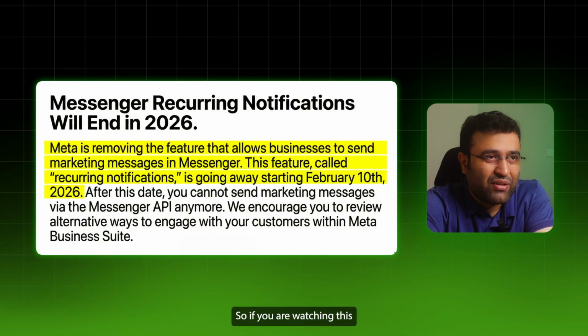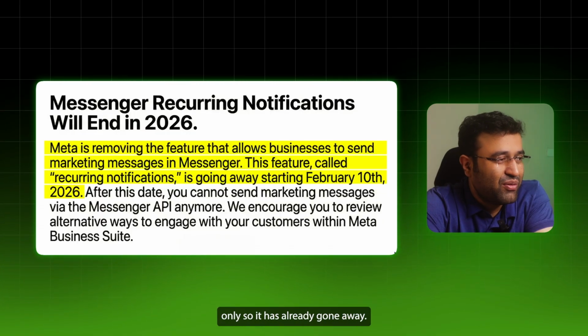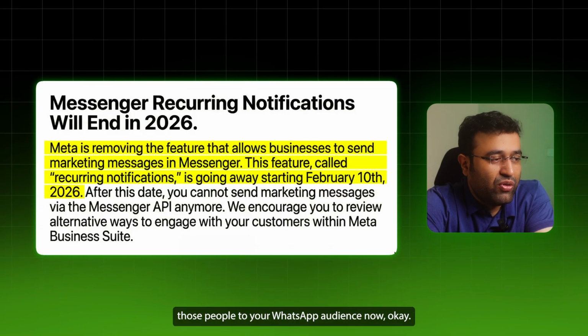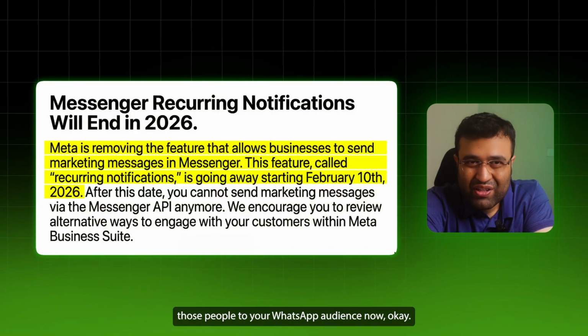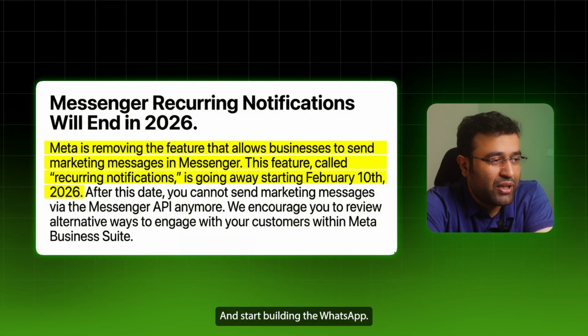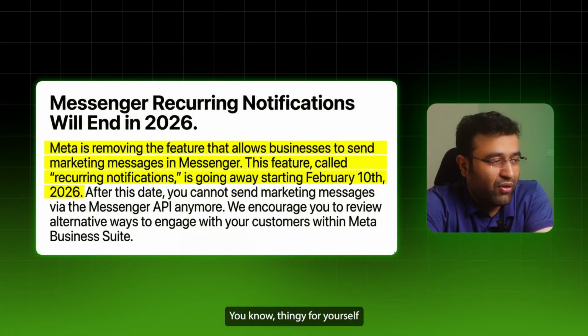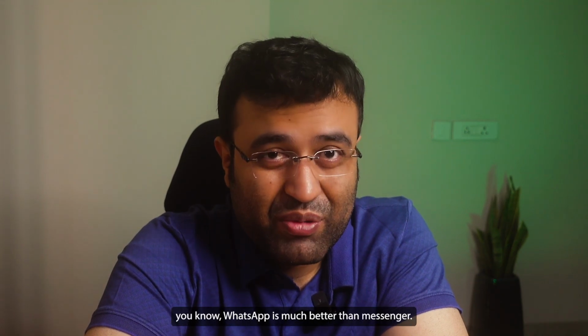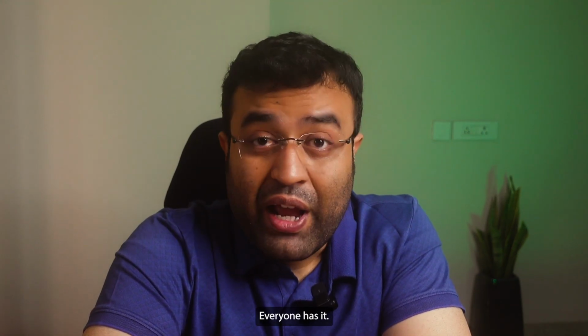So if you are watching this, you would be watching it after that, so it has already gone away. What might be a good idea is to move those people to your WhatsApp audience now, and start building the WhatsApp audience for yourself. And honestly, WhatsApp is much better than Messenger. Everyone has it.